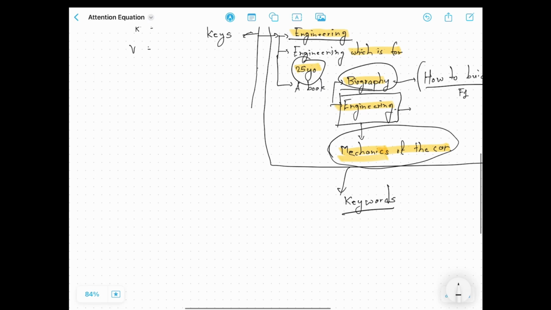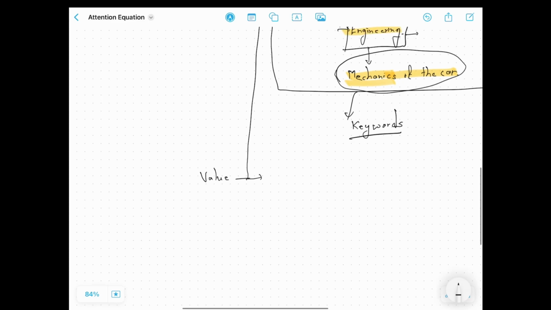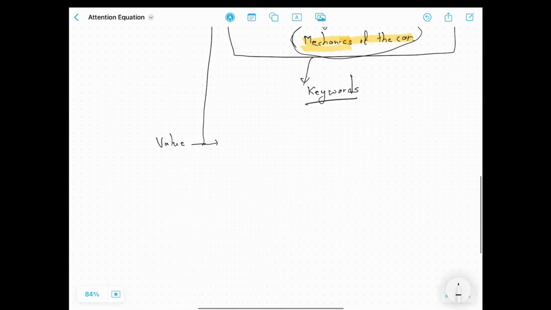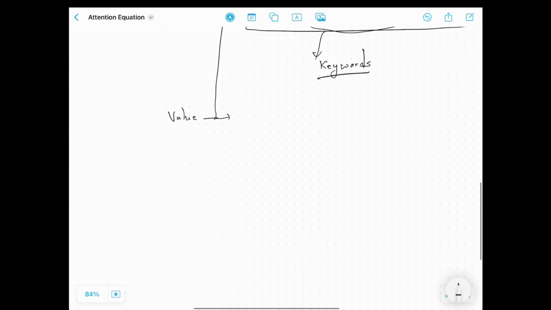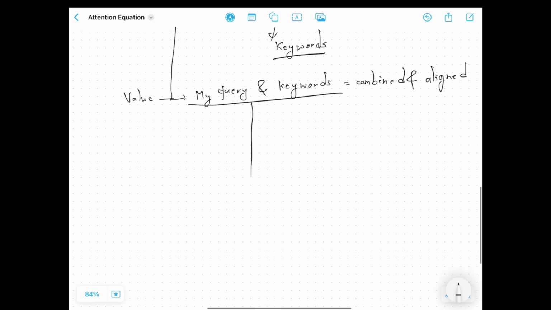And then when the things are looking good, value. So when my query and keywords get combined and aligned, then I can go and look for the book.